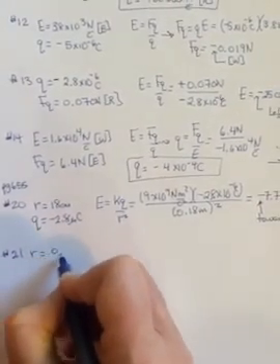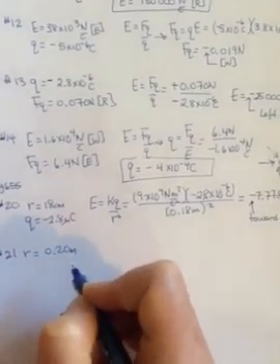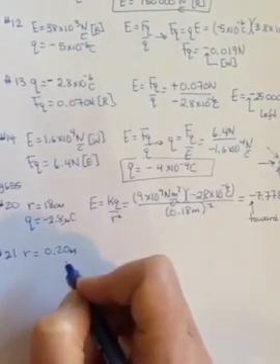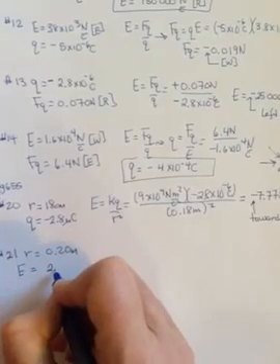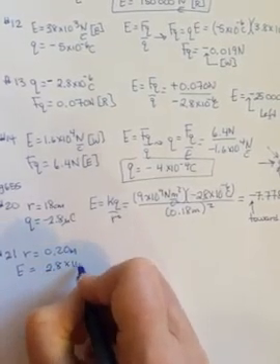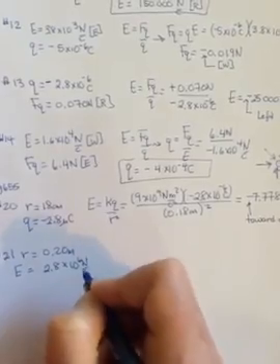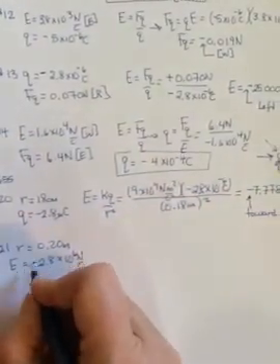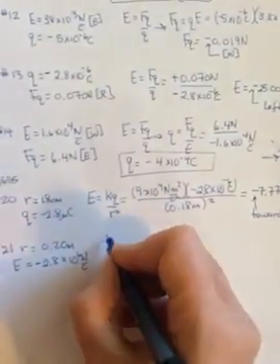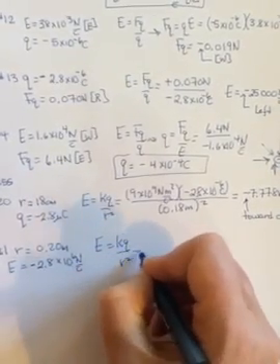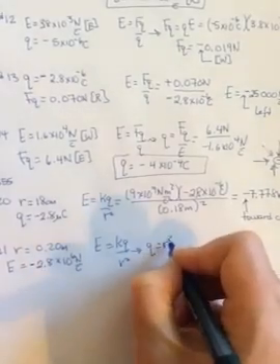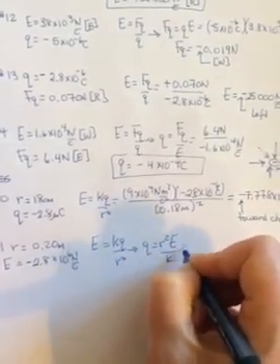I also asked you to do number 21, electric field intensity at a point 0.2 meters. So again, telling us our R, 0.2 meters from a point charge is 2.8 times 10 to the 6 newtons per coulomb. So E is 2.8 times 10 to the 6 newtons per coulomb, directed towards the charge. A moment ago we said towards was negative, so that means this is going to be a negative. And this time it's asking us what's the charge. So rearrange this for Q. So Q will equal R squared times E over k.